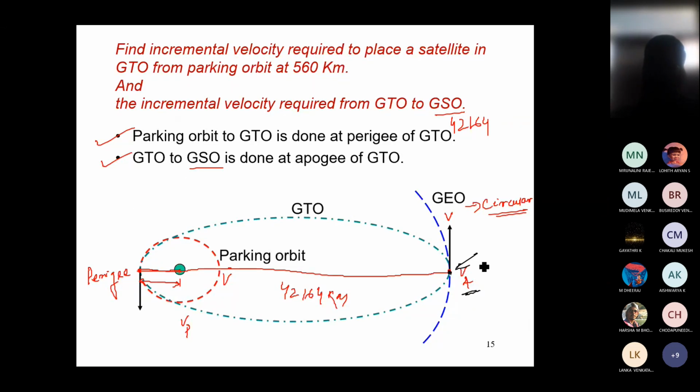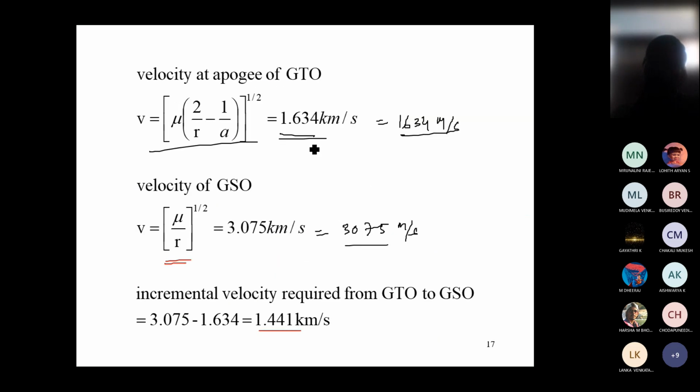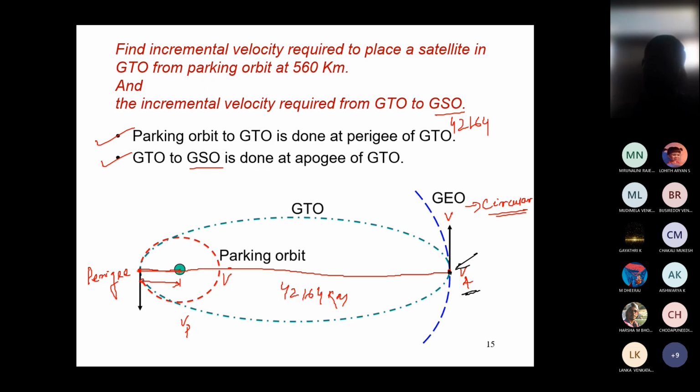But the difference is that this velocity 1634 is at apogee when the satellite is moving in GTO orbit.